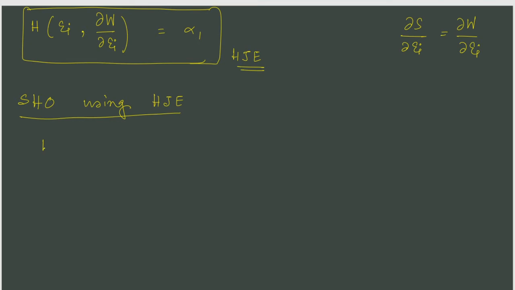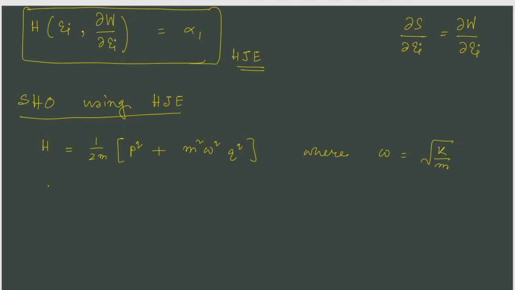So what we do is we write down the Hamiltonian. We already know this, where omega is given by root over k by m, and now writing it using Hamilton's principal function. We start with the principal function and then we move to the characteristic function.